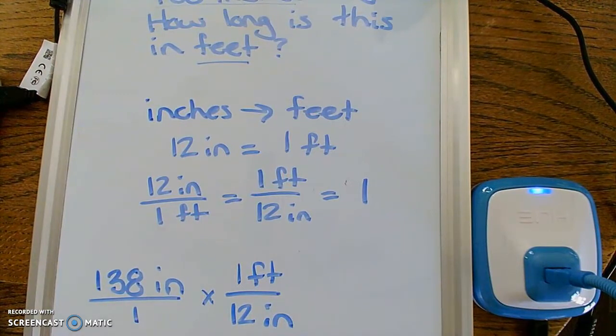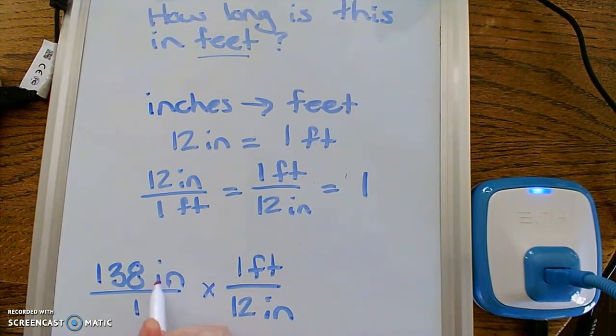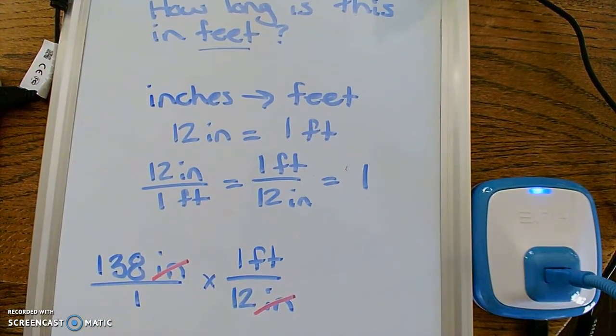Now we have inches divided by inches, and that is how they cancel out. Because just like our conversion factors here, anything divided by itself equals 1. And the only unit left in this equation is feet, which is exactly what we want to have as the final unit for our problem.